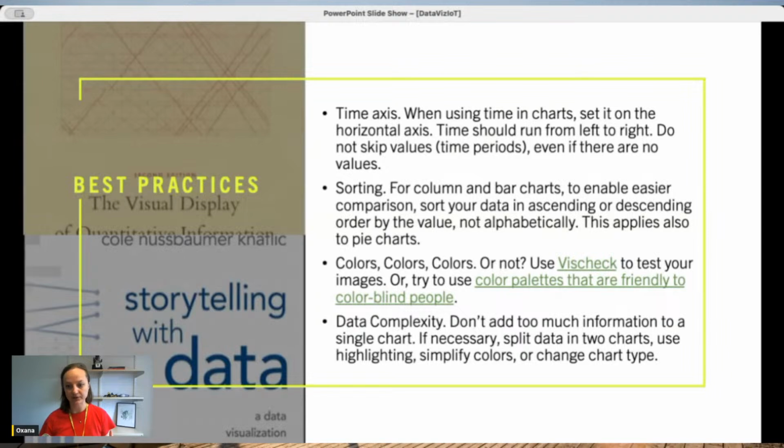So, for instance, for a more technical user, you want to go into more detail. For not so technical people, or for people with disabilities or elderly, you want to definitely check it with VisCheck, and also don't give just the bare minimum of information on your dashboard.